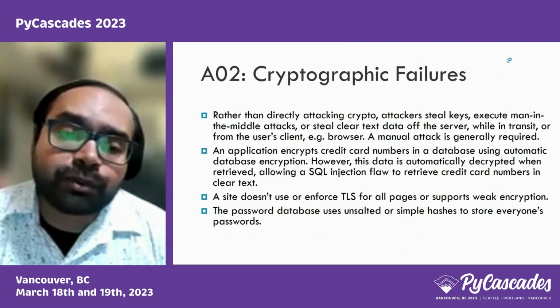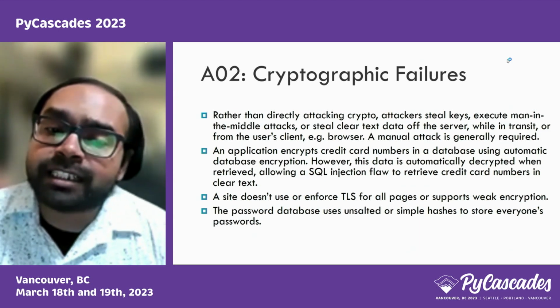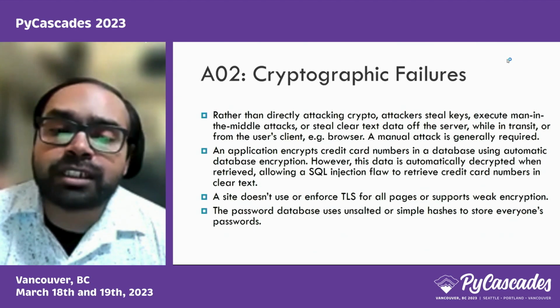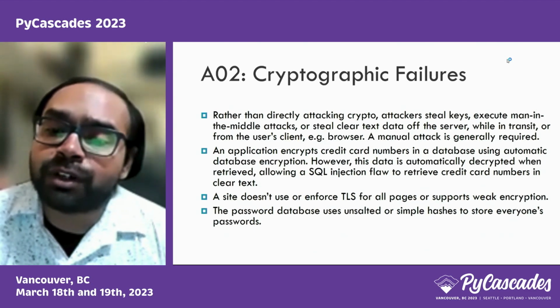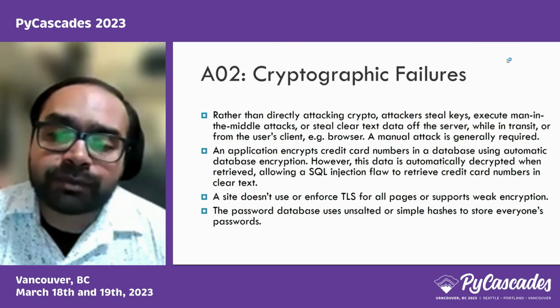Then the third scenario for cryptographic failure is that a site does not use or enforce TLS for all pages or supports weak encryption. Then the password database uses unsalted or simple hashes to store everyone's passwords.